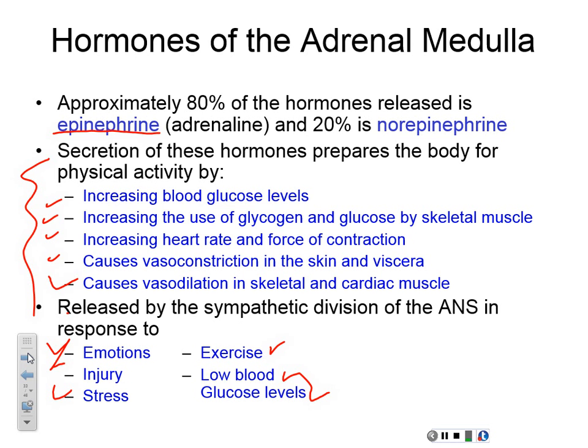When you're exercising, you release a bunch of epinephrine. Your blood pressure goes up, your heart rate goes up. And when you've got low blood glucose levels, you release it so that it will mobilize the glucose, in stressful situations.